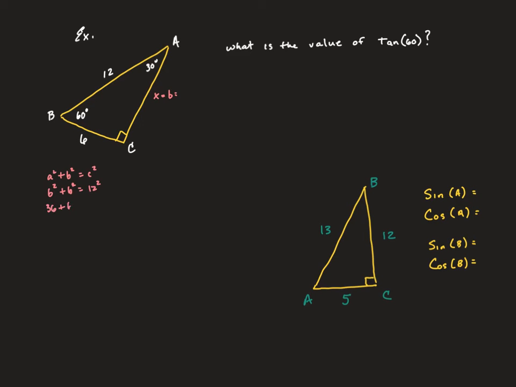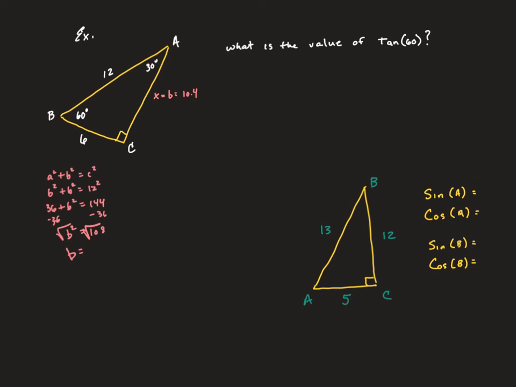So I have 36 plus b squared equals 144. Subtract 36 from both sides. And then b squared is going to be equal to 108. Find the square root of both sides. And then b is going to be equal to, and we're just going to say b is going to be equal to 10.4.